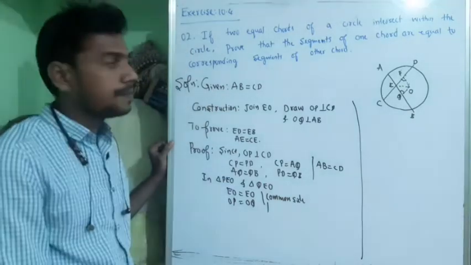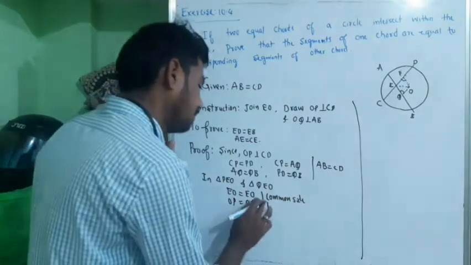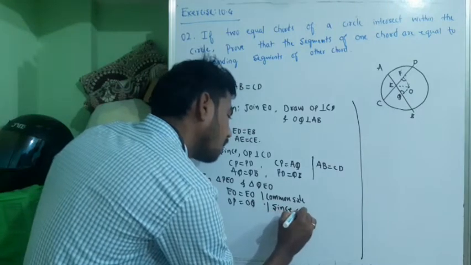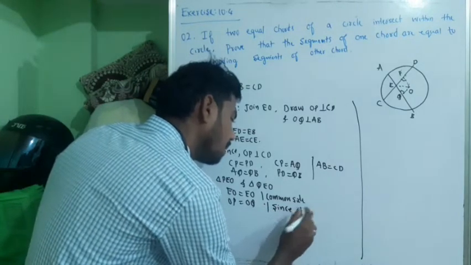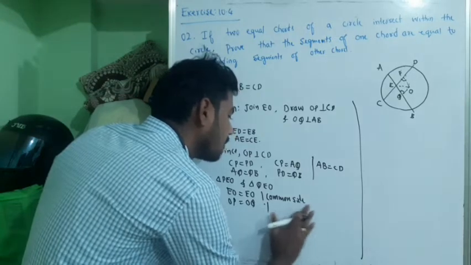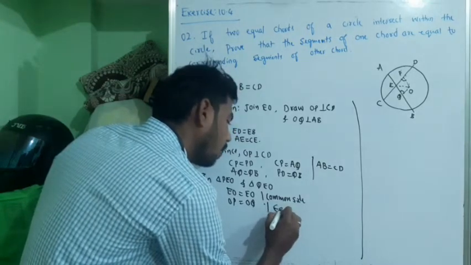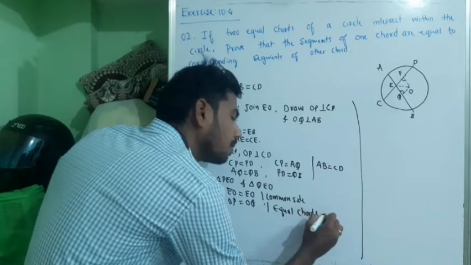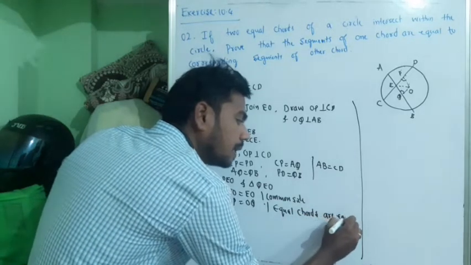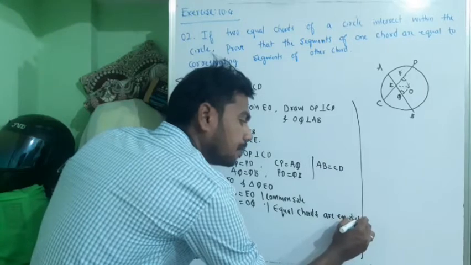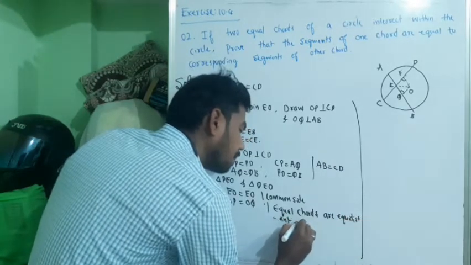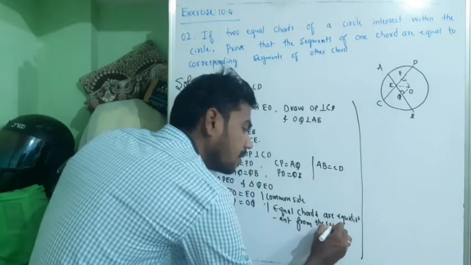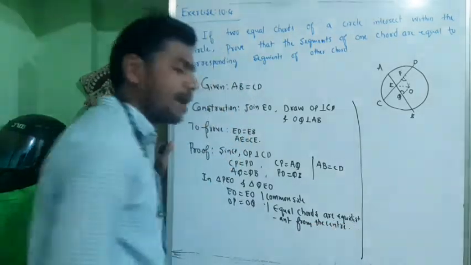Why? Because equal chords are equidistant from the center. Equal chords are equidistant from the center. I have written that.